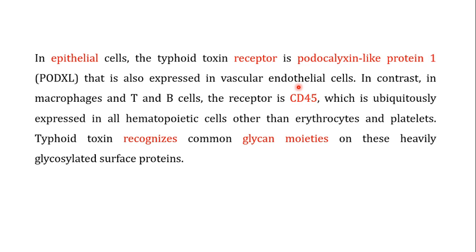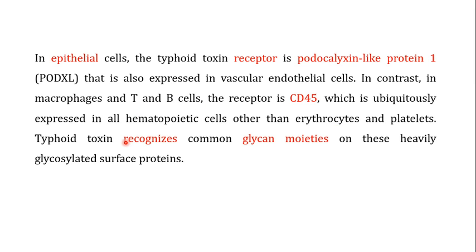In contrast, in macrophages and the T and B cells, the receptor is CD45, which is ubiquitously expressed in all hematopoietic cells other than erythrocytes and platelets. The CD45 receptor is not present on the erythrocytes and the platelets, and it is present on all of the other hematopoietic cells.